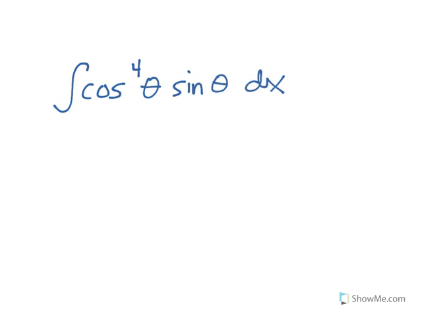Okay, 19 is cosine to the 4th theta times sine of theta d theta. So I've just got to be careful about how I work here. The inside function is cosine of theta, and the derivative of cosine equals negative sine. Now, if I look at what I have, I see the sine, but I don't have a negative sign on there.